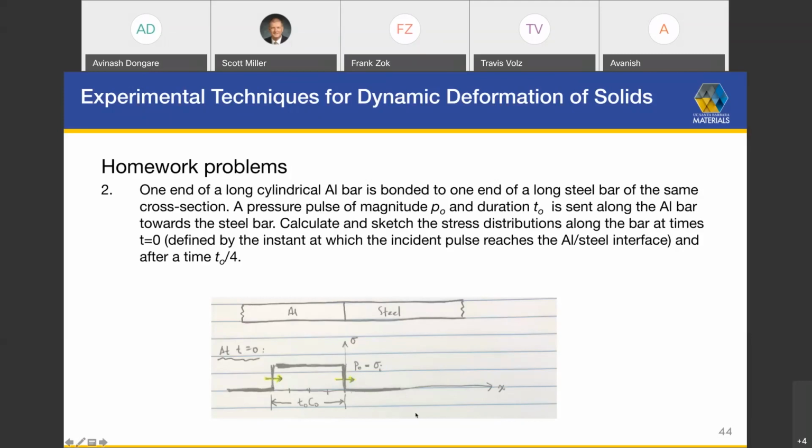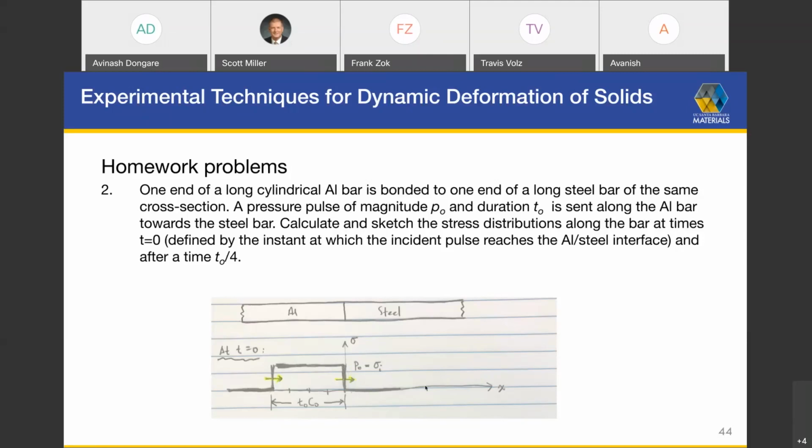That's essentially a trivial solution, and it's just a starting point. We recognize, incidentally, that if we have a pressure pulse of magnitude P naught, assumed constant, the axial stress within the aluminum will be constant over this portion of the bar. So the incident stress is equal to P naught.